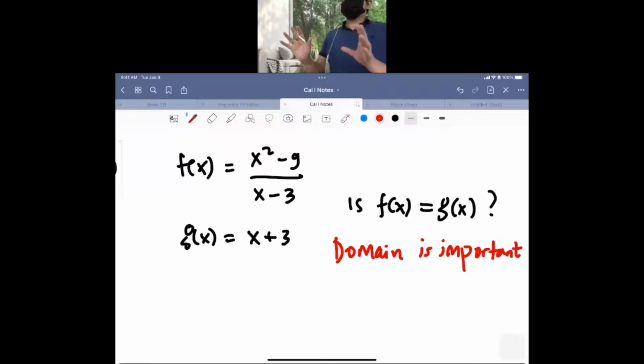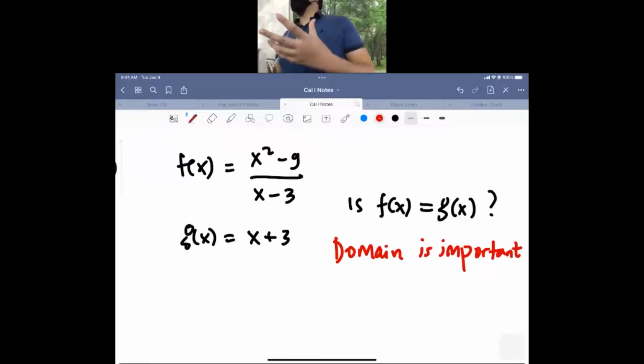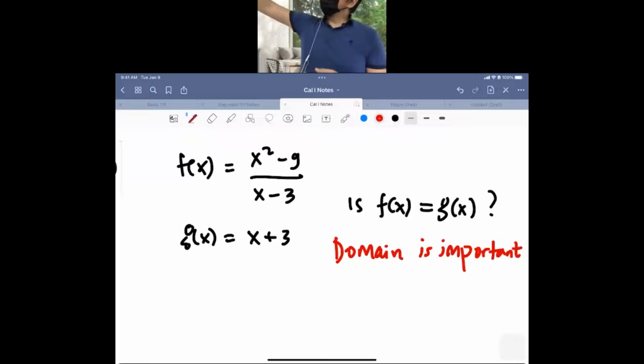Because actually, we can design functions in any way we want. We can make it piecewise defined. We can make several functions into one big function. When we compute, it seems the same, but it's actually different because of this x minus 3 here.